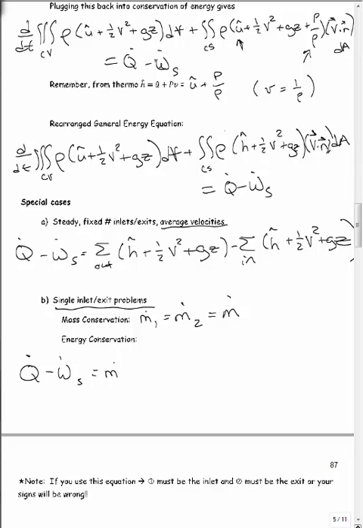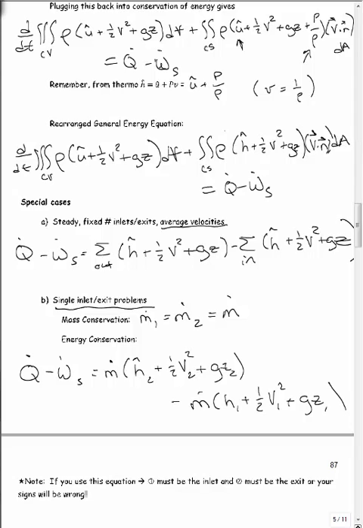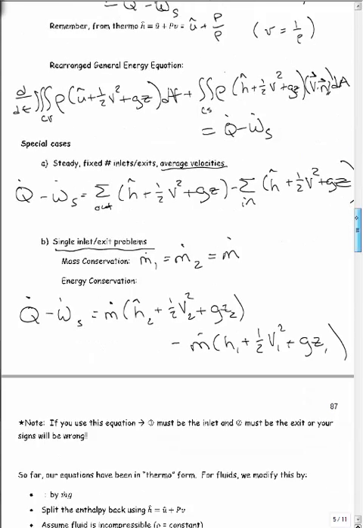And we use this one a lot when we had pumps and turbines and that kind of thing. When we had heat exchangers, we had to use it with the sums. So m dot times h2 plus 1/2 v2 squared plus gz2, minus m dot times h1 plus 1/2 v1 squared plus gz1. Okay, thermo equation. Remember, be careful with this when you're using this equation.